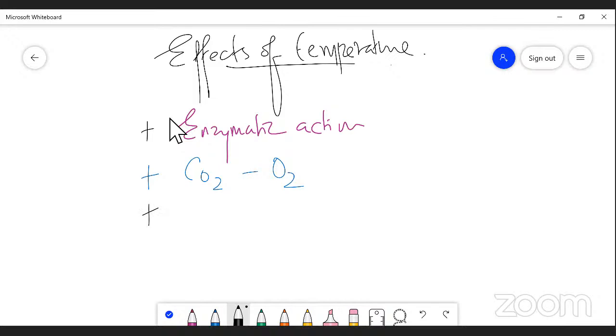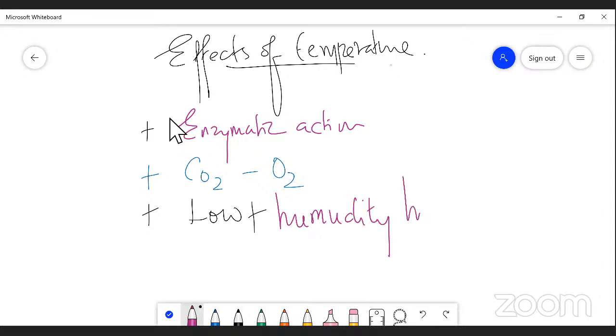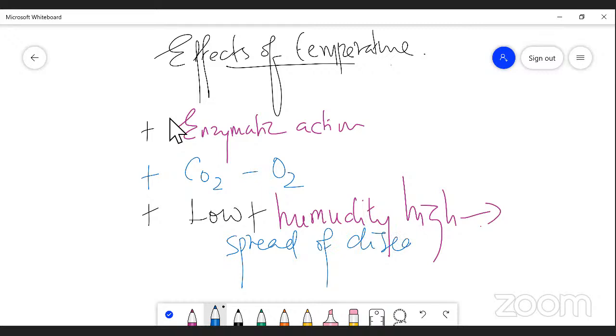And the third point is, low temperature with high humidity causes disease in plants. The temperature is very low, and if humidity is very high, what will happen is that it will spread disease in plants.